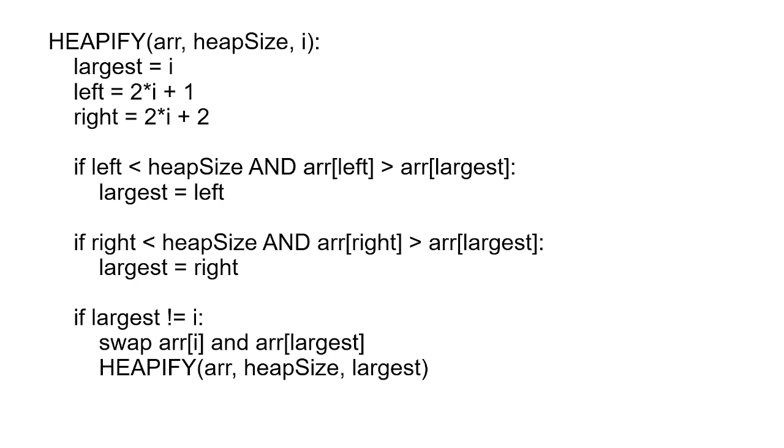In heapify, we assume that the left and the right subtrees are already heaps. So it just fixes the heap property at index i by finding the largest among the parent and its children. Next, swapping the parent and the larger child if needed, and recursively calling itself until the subtree becomes a valid heap.